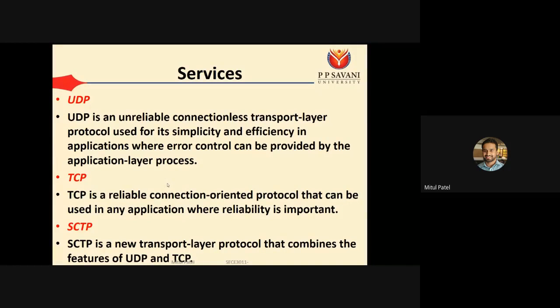When we are using UDP, it is the responsibility of the application layer protocol to provide flow control or error control. The task of UDP is simply to send the data without worrying whether the receiver is ready to receive or not. In such applications we can use UDP, and it is efficient, meaning we don't need to deal with so much overhead.